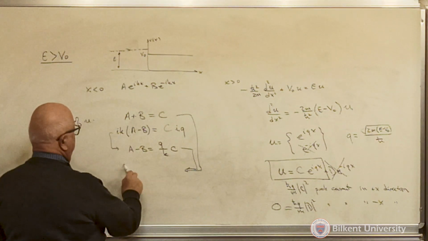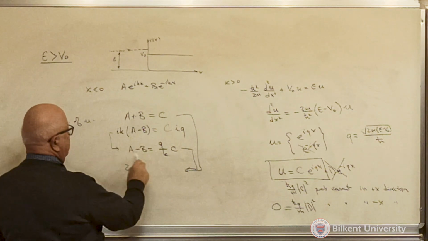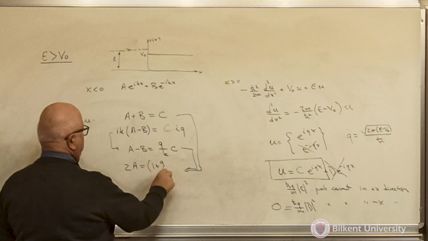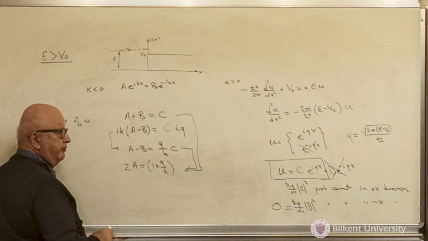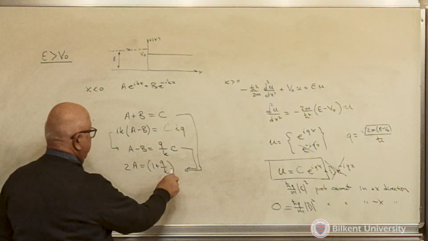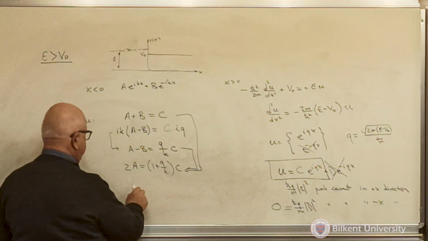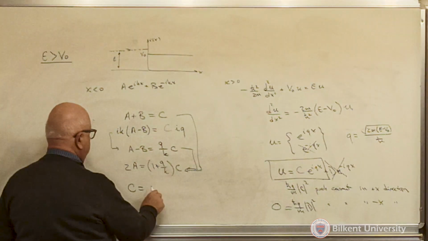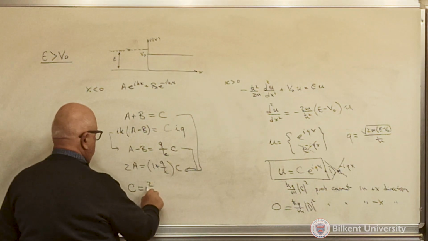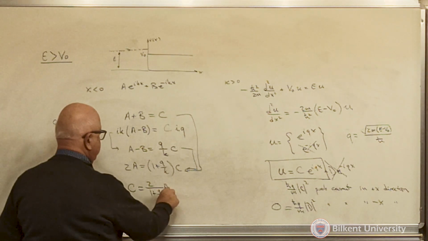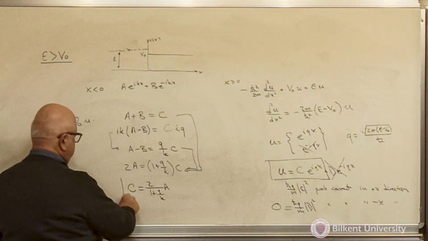That will give me 2a, and the b's cancel, is equal to 1 plus q over k times c. All right? So c is equal to 2 over 1 plus q over k times a. So that's our c.